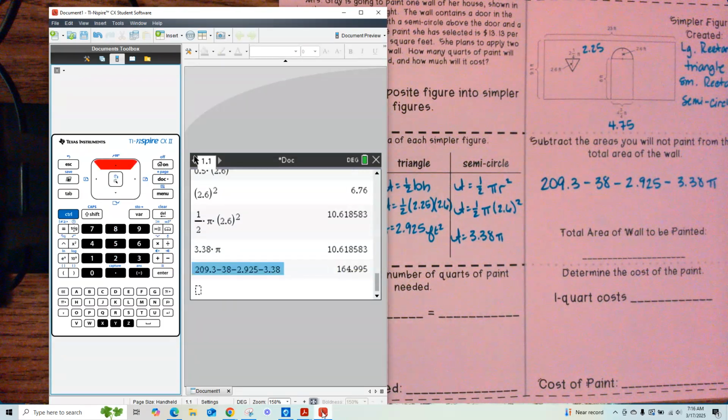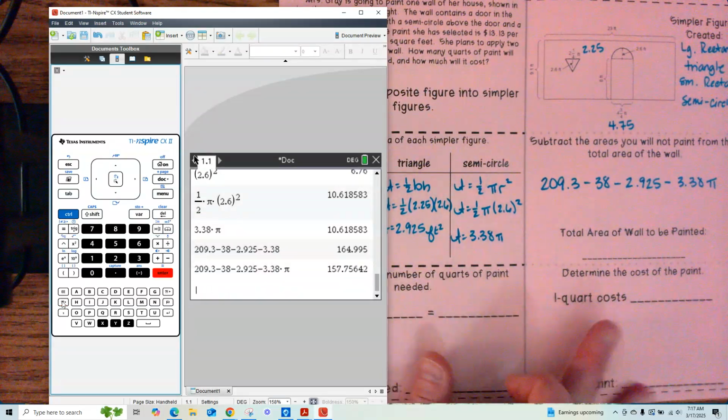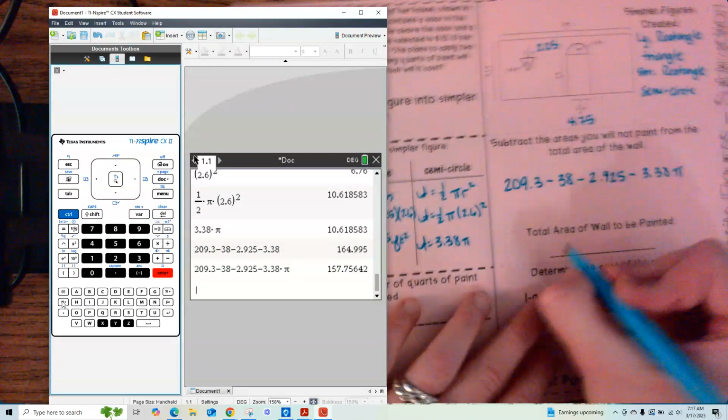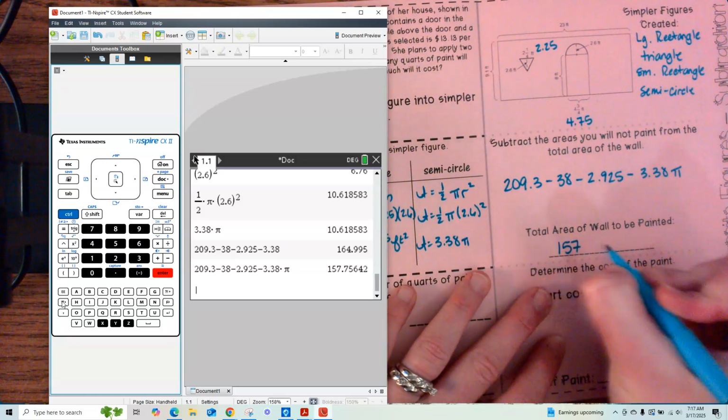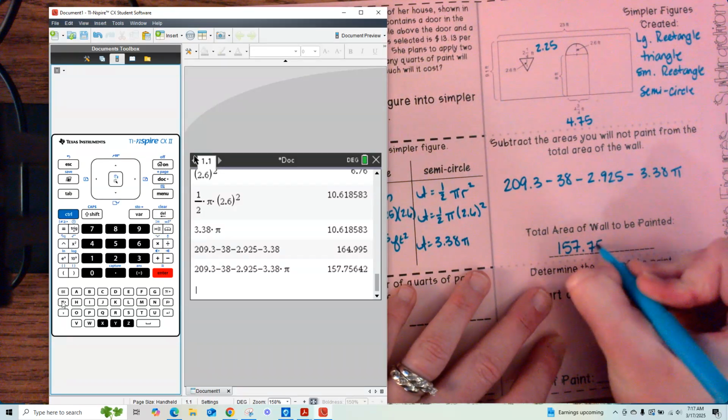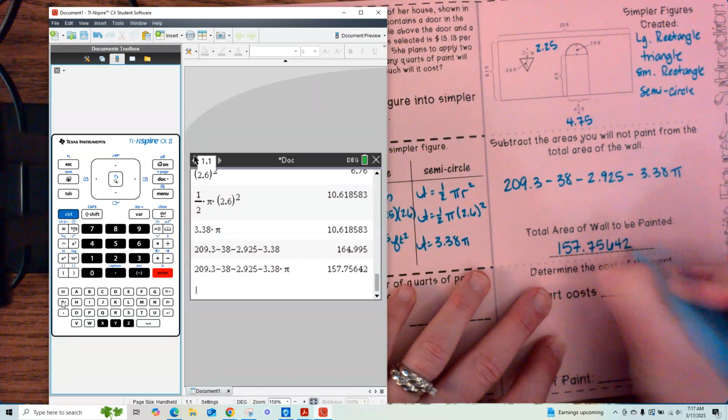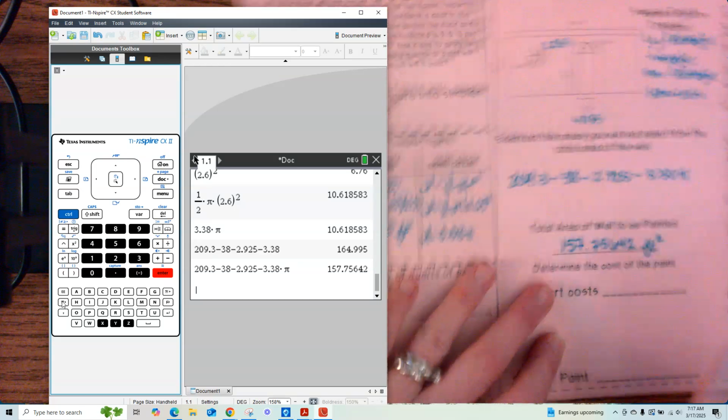Oh, that should be pi. Put that pi on the end there because it changes my answer. All right, so that's the amount of area that I can actually paint. 0.75642, and that's feet squared.